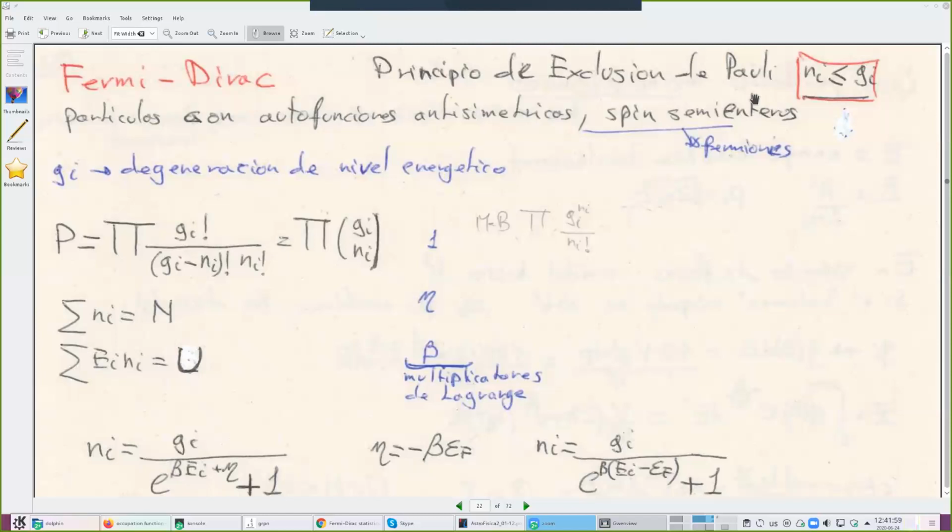So usually it's referred just to this one, because the others can be the same, and you can have just particles with spin 1/2 or minus 1/2. So you can have just two particles for each level. Actually, it's a little more.